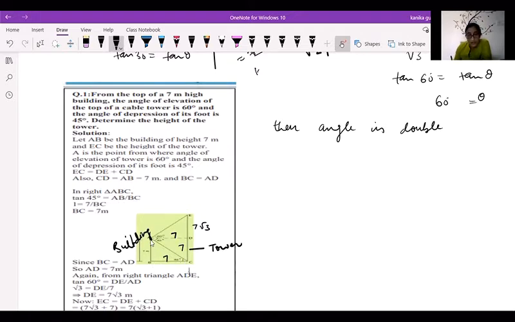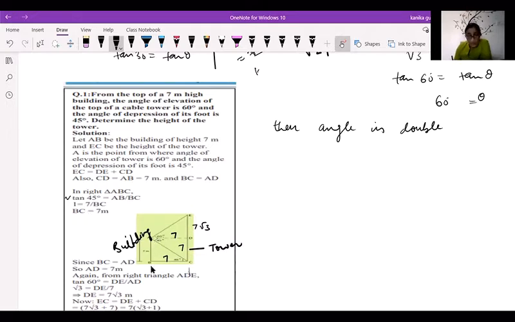AB upon BC, perpendicular upon base, is equal to tangent of 45 degrees. Here theta is 45 degrees. Tangent of 45 is 1, so 1 equals AB, which is 7 meters, over BC. So BC is equal to 7 meters.